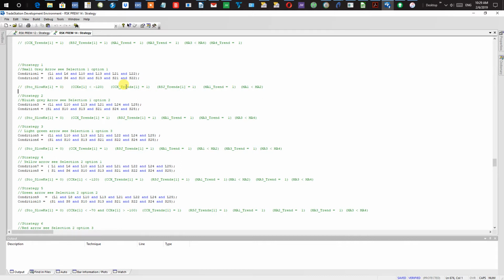But now the next series of settings has to do with the premium. And we've set up an RSX JMA on the premium using a 50 tick premium chart. And that trend has to be up for a long trade, down for a short trade.